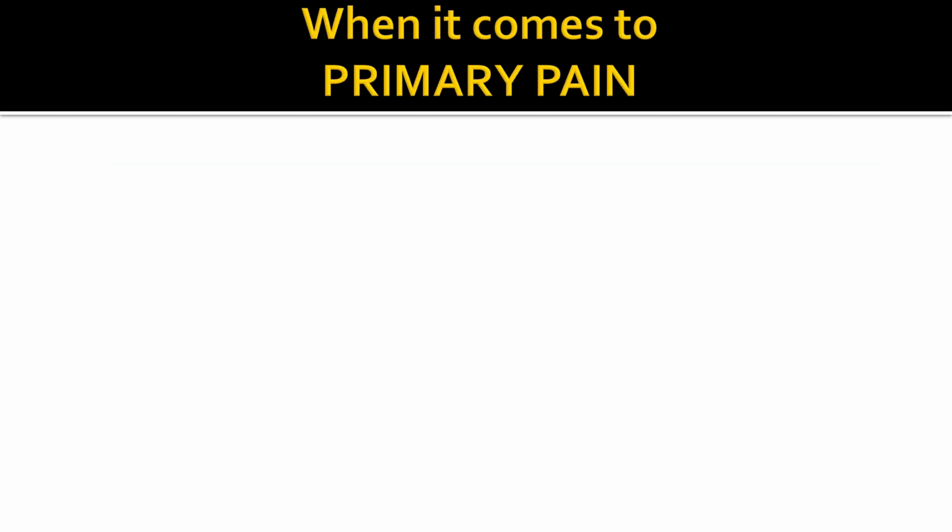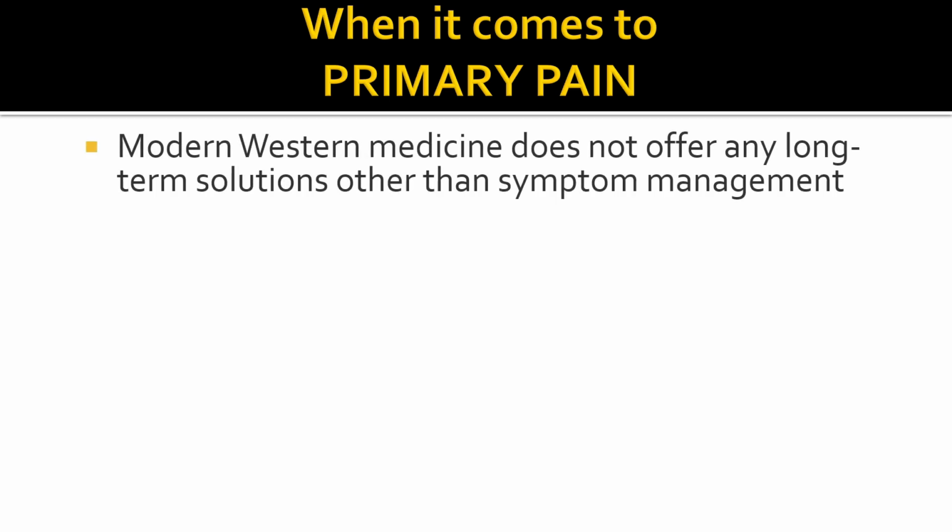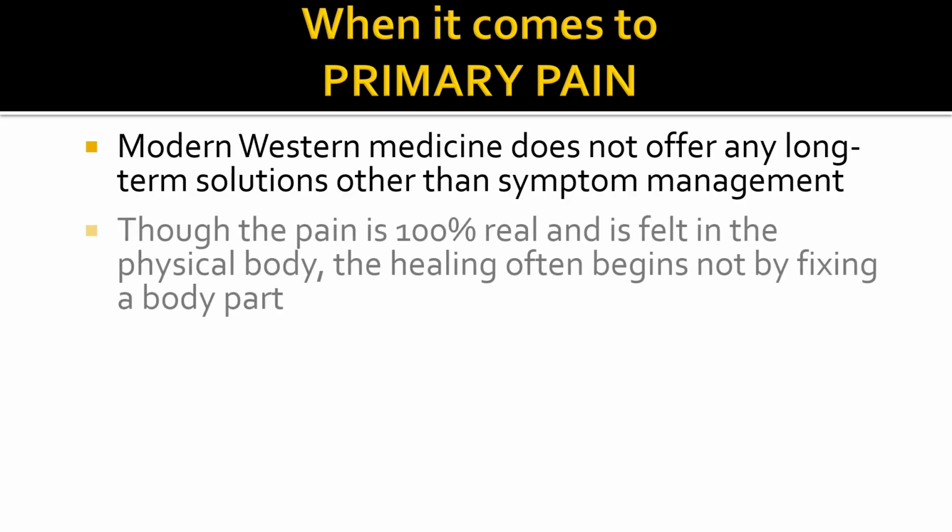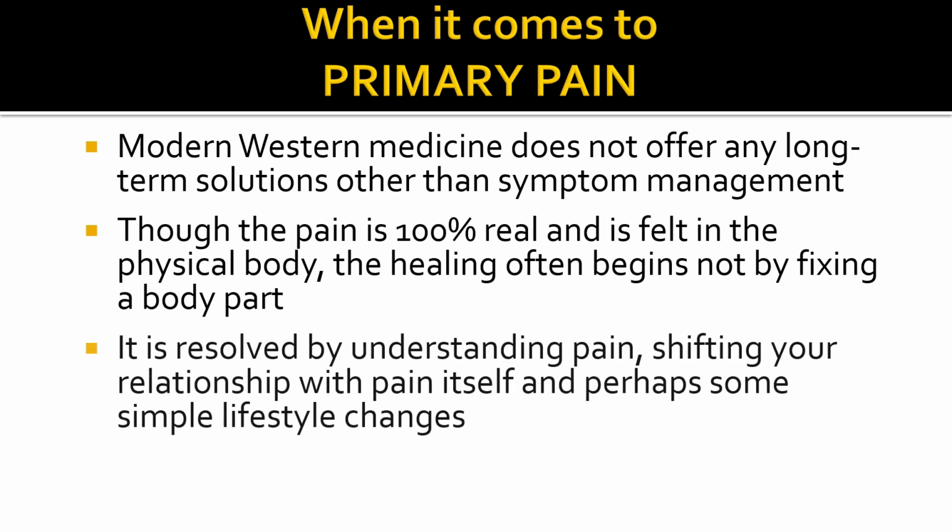When it comes to primary pain, modern Western medicine does not offer any long-term solutions other than symptom management. Though the pain is 100% real and is felt in the physical body, the healing often begins not by fixing a body part. It resolves by understanding pain, shifting your relationship with pain itself, and perhaps some simple lifestyle changes.